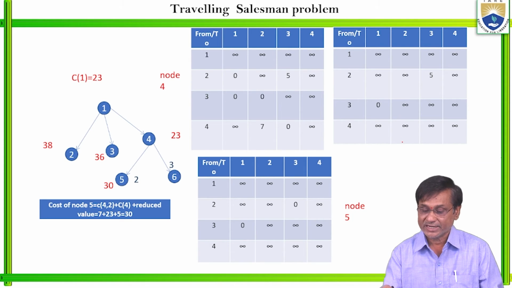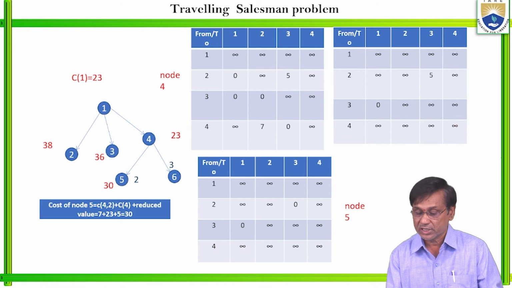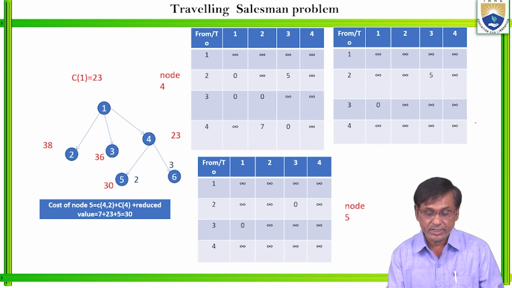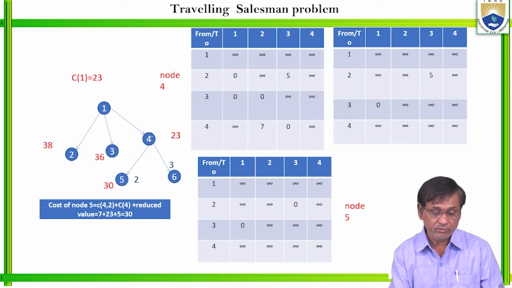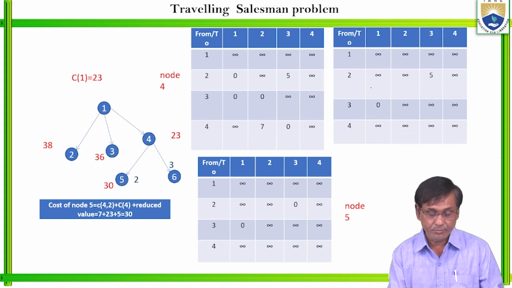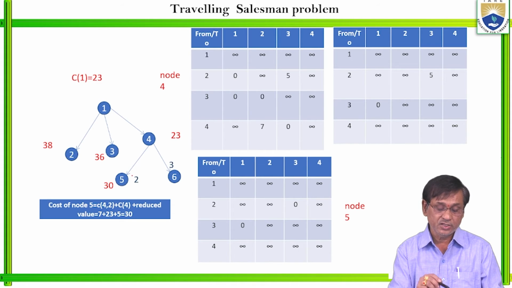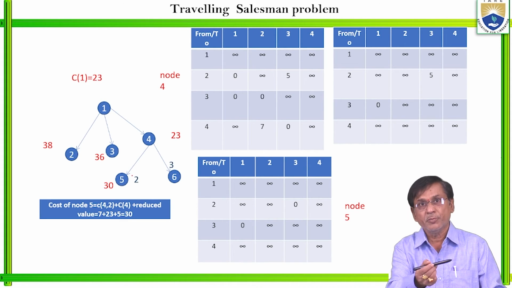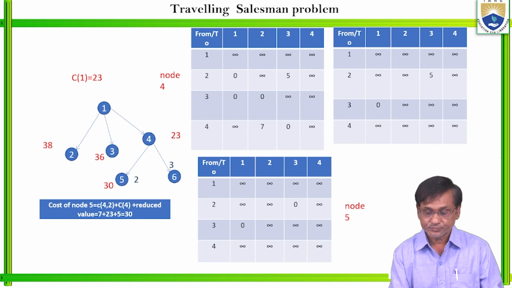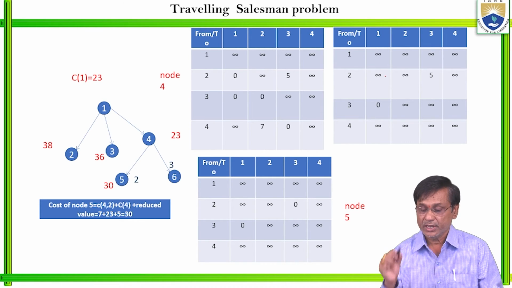All elements in the second column and all elements in the fourth row become infinity. In addition to that, we have to take vertex 4 to 2, and also 2 to 1 as infinity, because he cannot go back to the starting point at this stage.